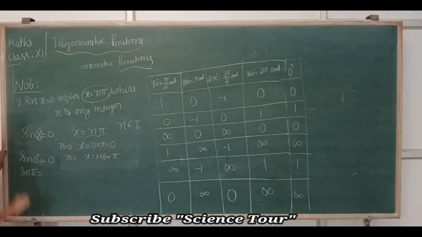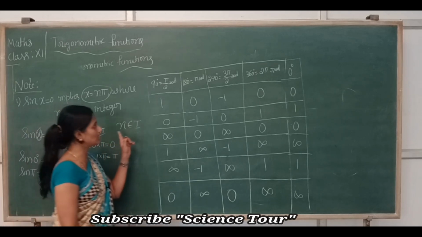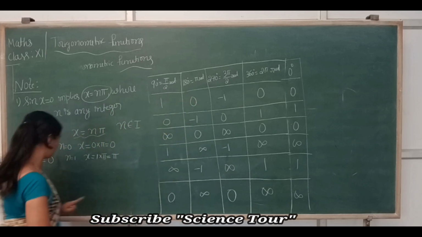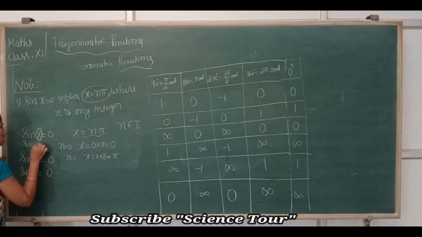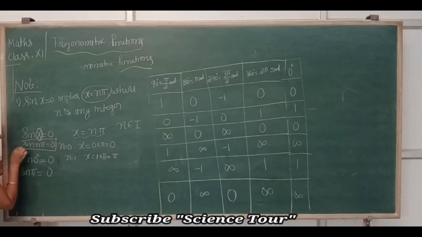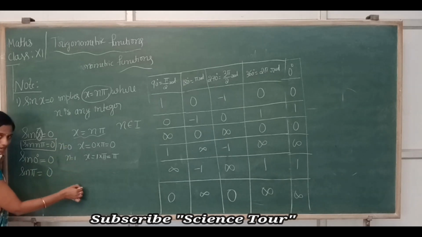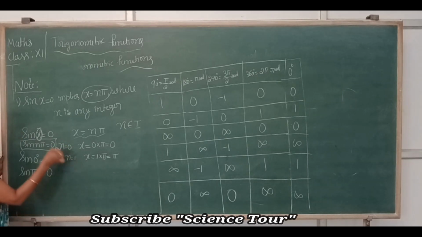What is the value of sin pi from the table? Sin pi is 0. So this is also 0. So sin x, given as n pi, is equal to 0. This is given. Right? So replace n with different values. Whatever value of n you replace, you will get the answer 0.